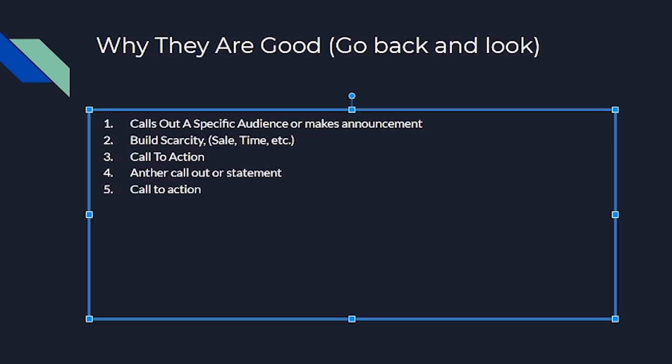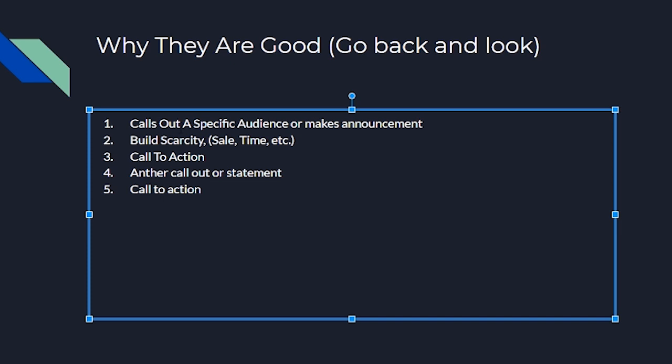The second line, building scarcity. I think this is pretty important. You don't want to take this too far. I see a lot of people try to bring it to the next level, and it's really not necessary. You just need something that makes it seem like it's not just a generic ad. You're putting an advertisement out there for a reason.